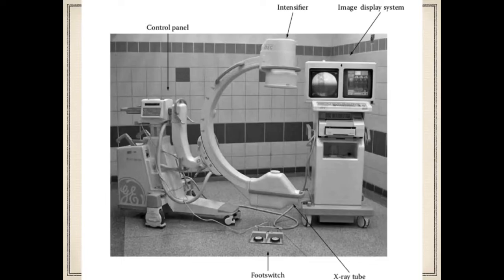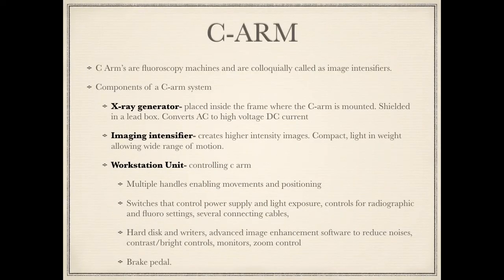Apart from this, there may be a foot pedal down over there, which is often used for screening, taking images, if the control is with the person who's conducting the procedure. Then there are lots of other cables and wires. There are control switches, which you can see over there and over there. There's another control switch just behind the control panel. So all these are different components of the C-arm machine.